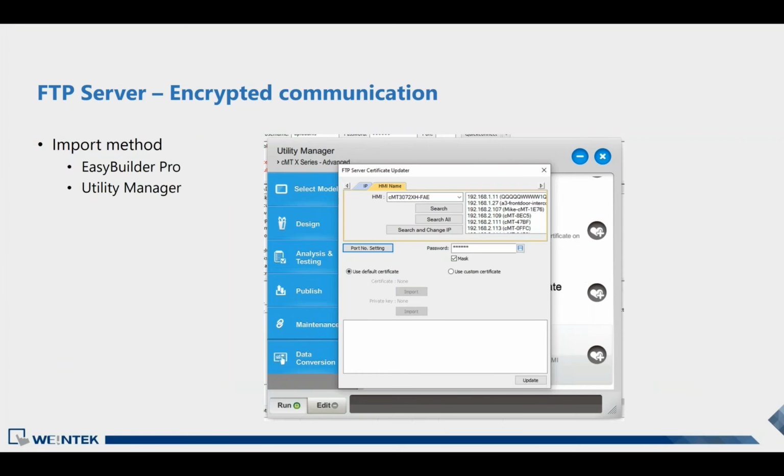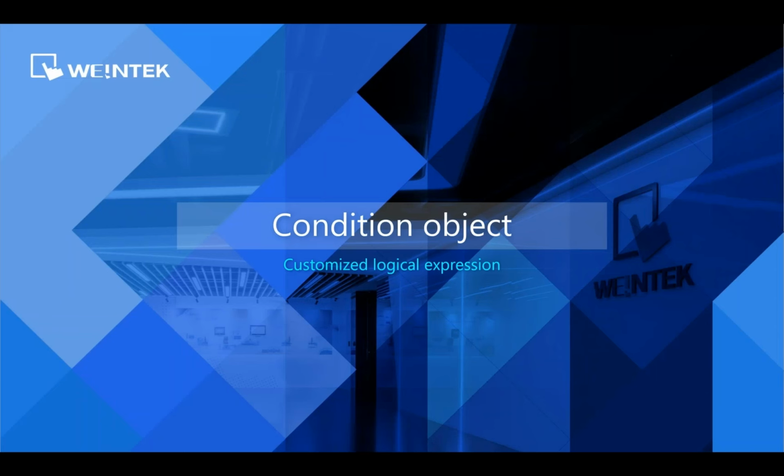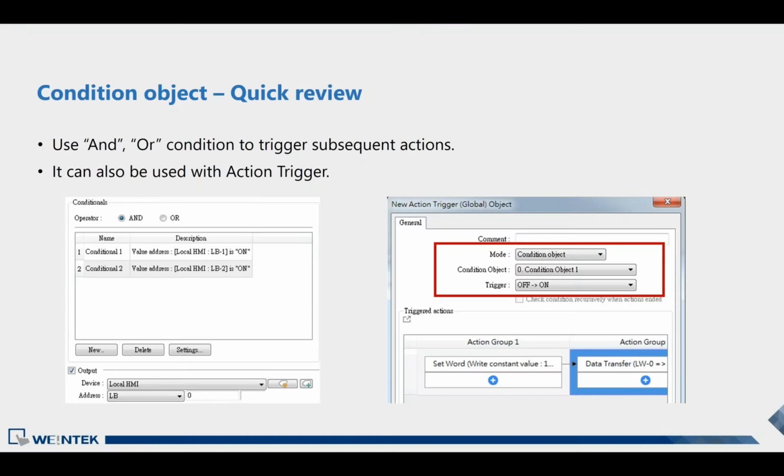Okay, moving to the next topic, the condition object. The condition object was originally used only with AND or OR. So if I have multiple conditions over here, I can only have all with AND or all with OR operations.